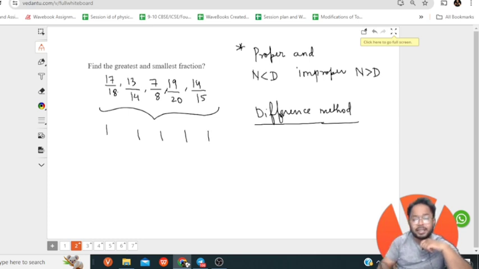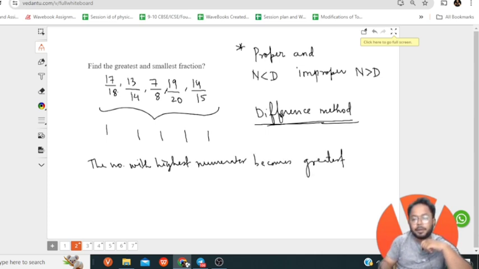So when we get the difference as 1, the number with the highest numerator becomes the greatest number. So we can simply say here 19 by 20 is the greatest.